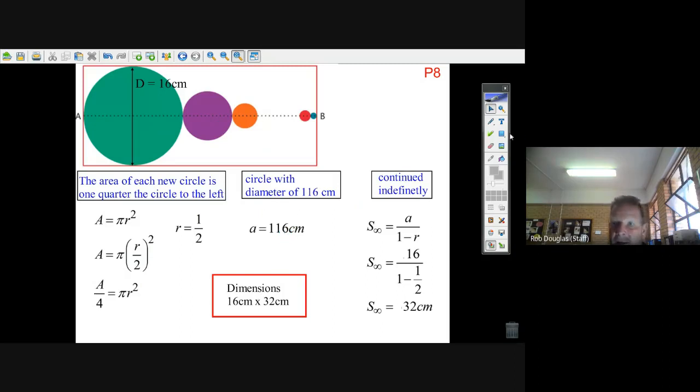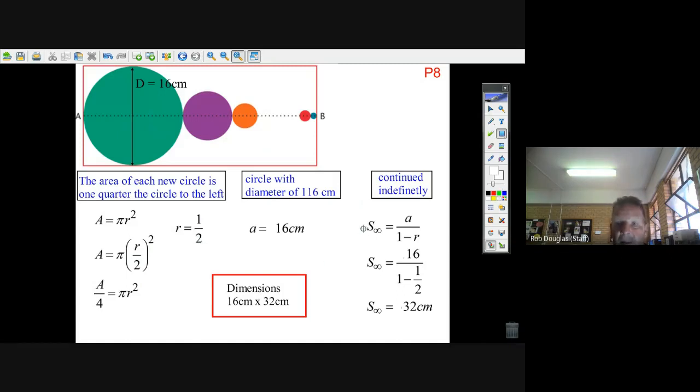So what you've got here is the first term here is 16 centimeters. But each new radius is cut in half. That means the diameter all the way across must be a half. We're multiplying by a half each time.